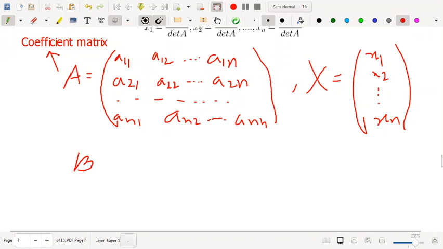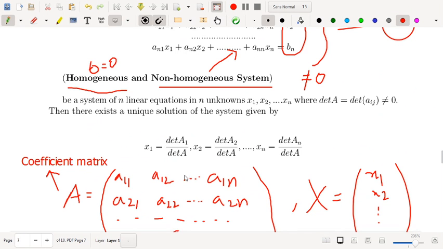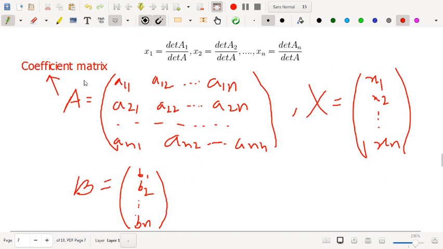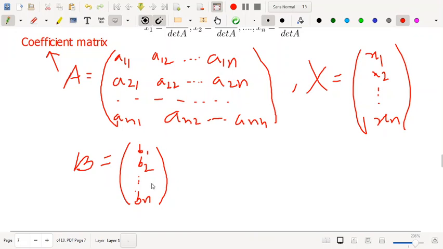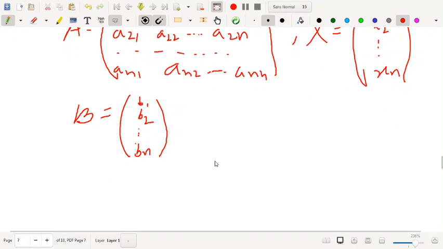So you have the coefficient matrix A, the unknowns x1, x2, xn as a column matrix X, and the right-hand side vector b1, b2, bn. So equation 1 can be written in matrix form as AX = b.